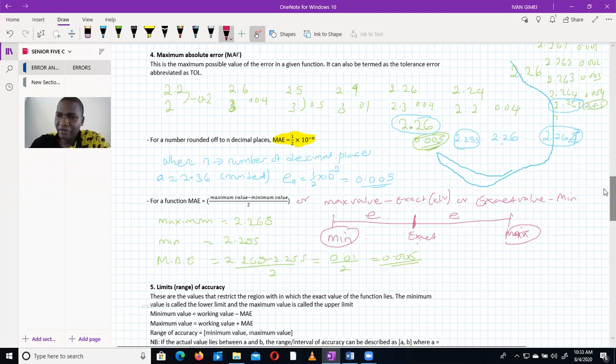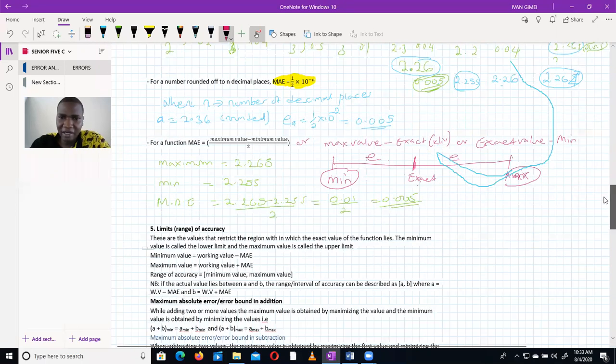So in the interest of time, because you have other classes and this being an introduction, we cannot do too much. But I think at this point, you understand the basics of error analysis. You know how to find the error. We say the error, you get it by subtracting the approximate value from the exact value. That is the error.